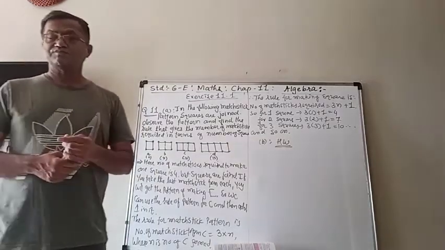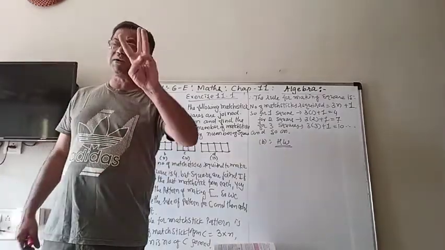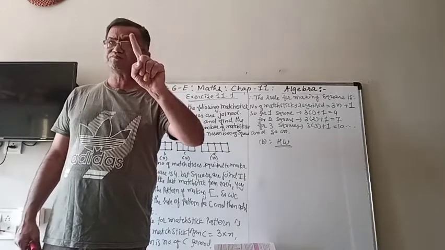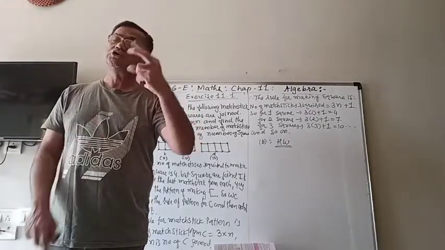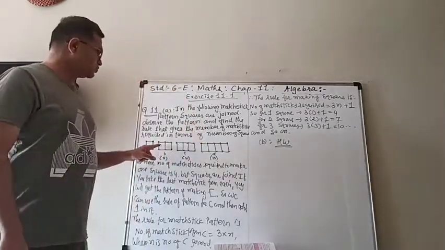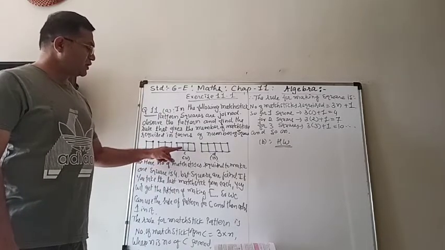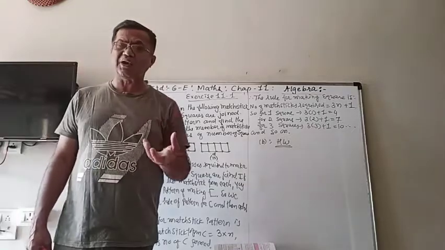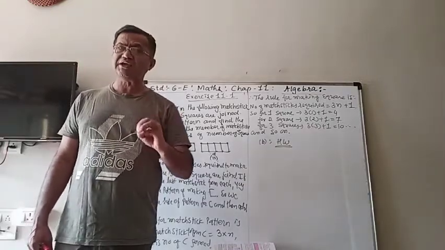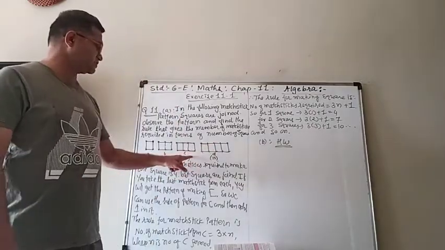And therefore, we need 4 matchsticks to make one square, but not 8 matchsticks to make 2 squares. You can see that to make 2 squares, we need only 7. Similarly, for 3, it should be 4 3s are 12, but we need only 10 matchsticks.